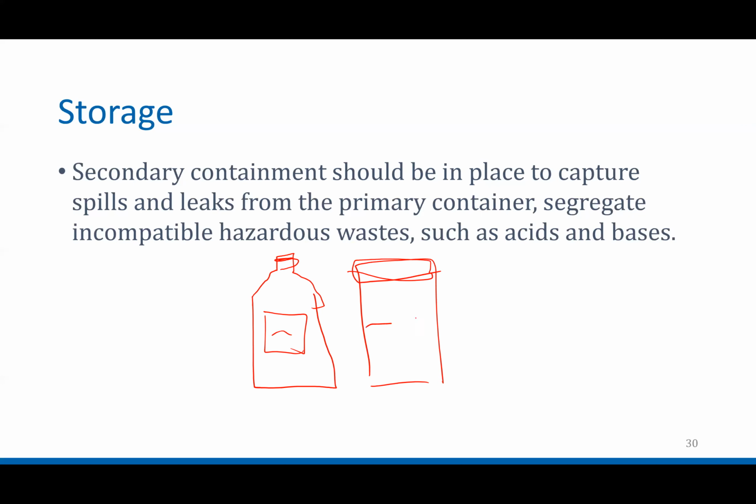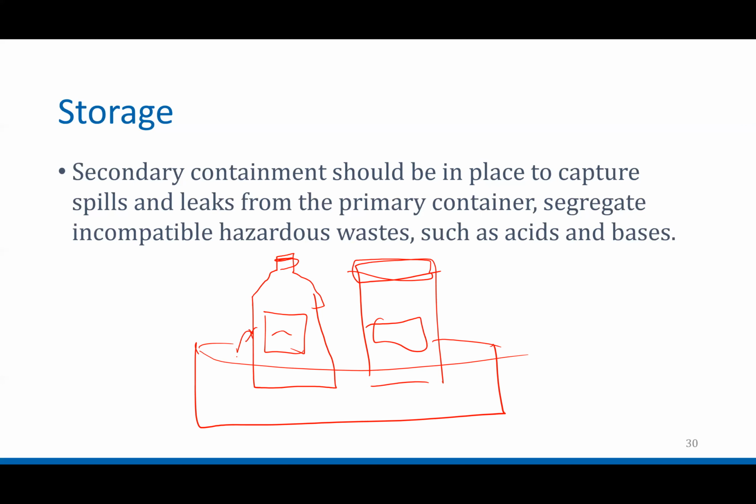So different bottles with different waste, but then we would put these bottles in another container. So if something happens to this bottle and it leaks, it would go into a secondary container. So we might store these chemicals in the fume hood in a smaller container to protect against leaks.